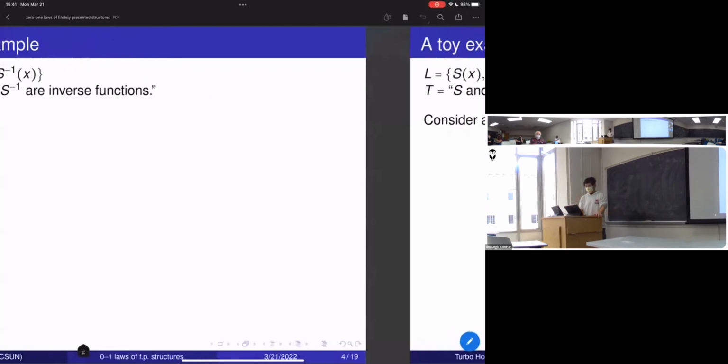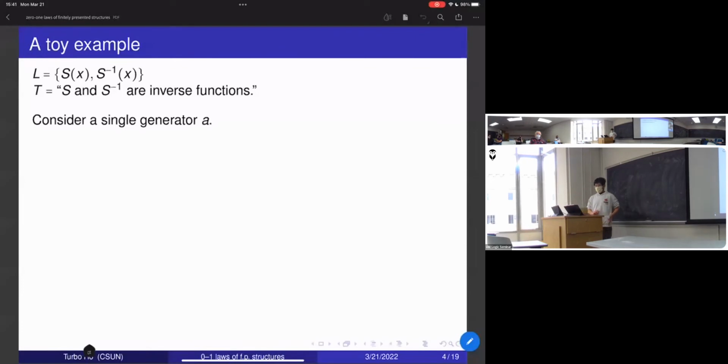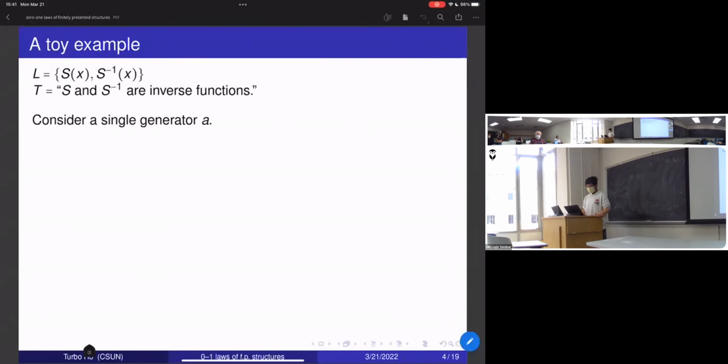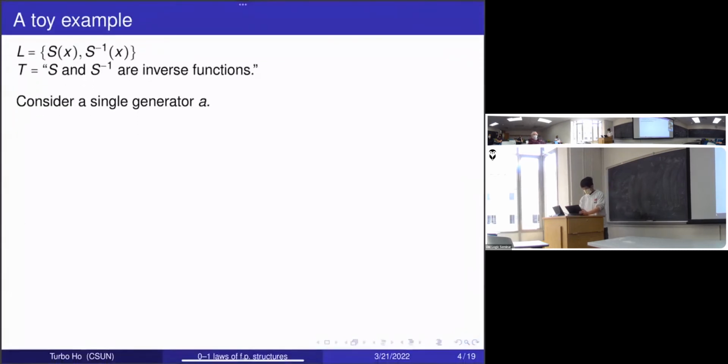And for all x, S of S inverse of x equals x. Now we're going to consider a single generator A. If we consider a single generator, then you can look at what's called the free structure. That is really just the term algebra of this one generator, this language and the theory.